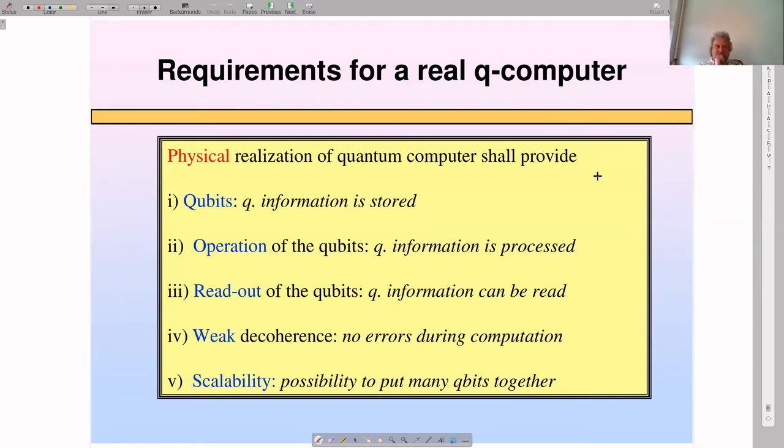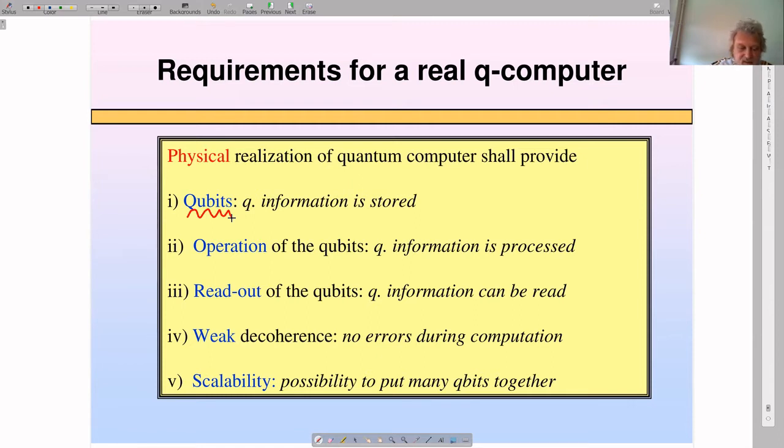What are the requirements to put it into practice, to realize this physically? First of all, one needs qubits. One needs physical systems, two-level systems, where quantum information can be stored.